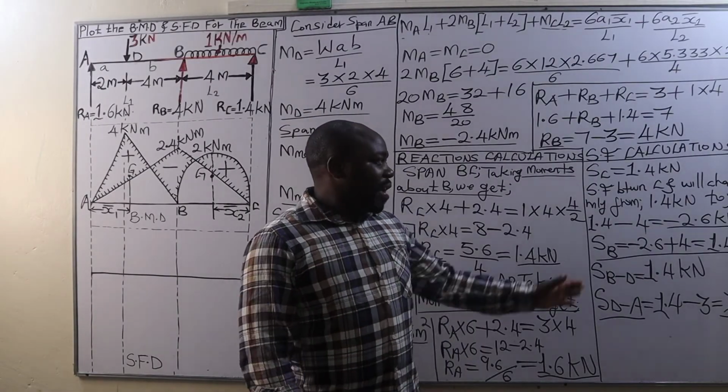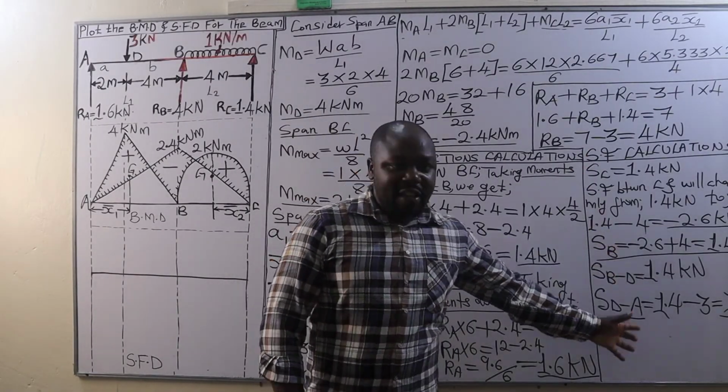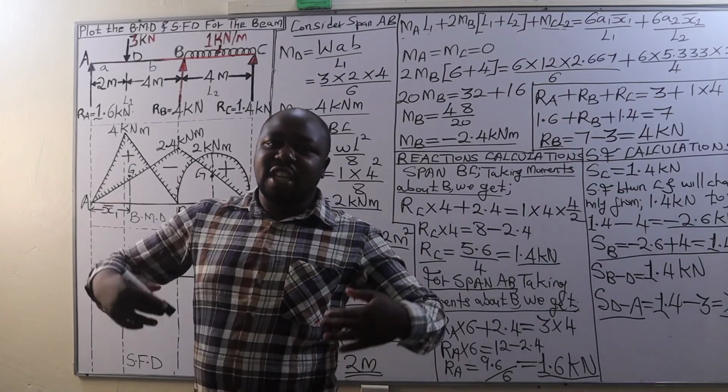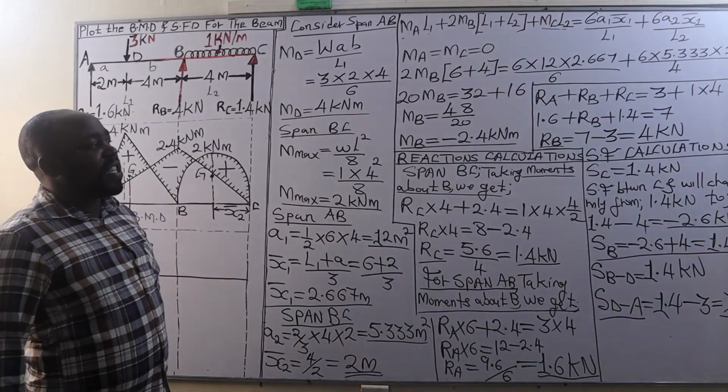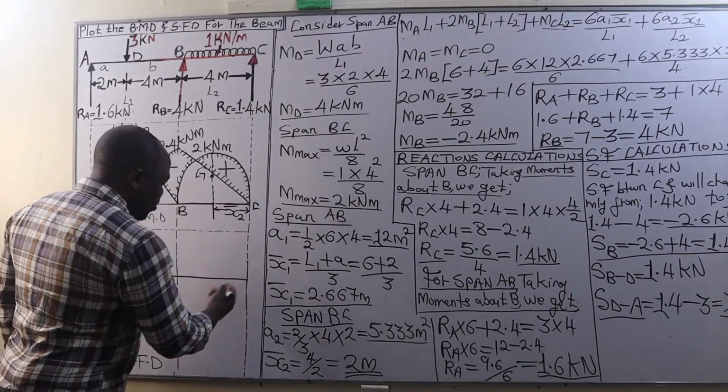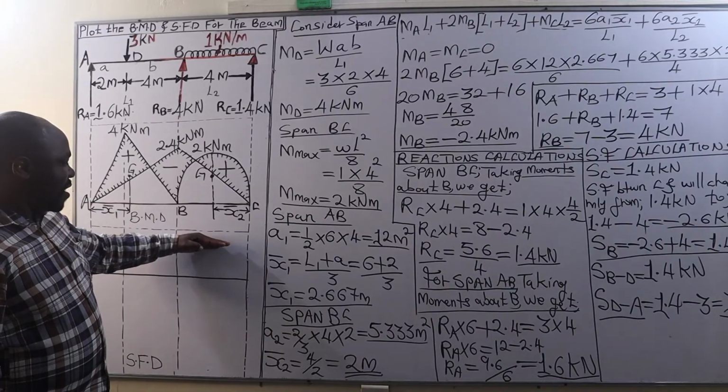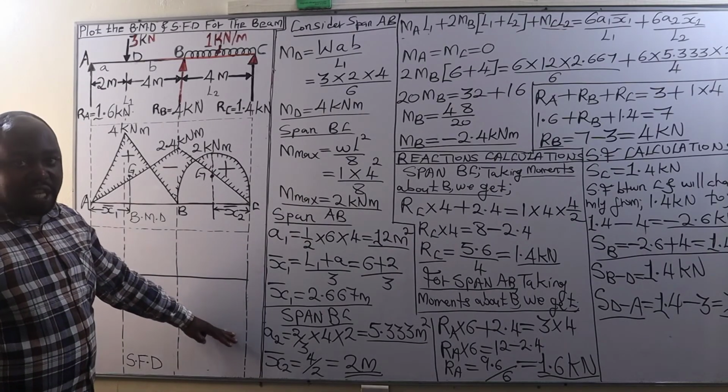So guys, after we are done with calculating the value of the shear forces, the next thing will be plotting the shear force diagram. We are going to begin with the shear force at C, which we had as 1.4 kilonewtons. The positive shear forces will appear above this line, negative shear forces below this line.